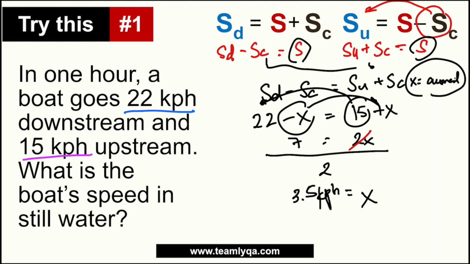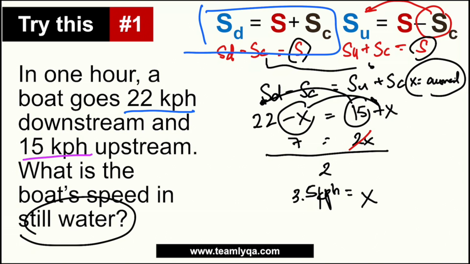Okay? Now, if it's 3.5 kph, what is the speed in still water? We can take just one of these. Okay? So let's use that formula. The speed of the boat moving downstream is 22 kilometers per hour. It is equal to the speed that we don't know, which now becomes our y, so let's just put y, with y being the speed in still water.